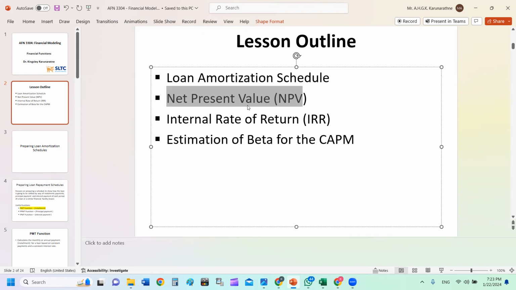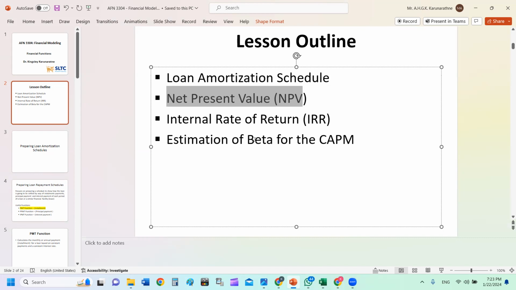These are relating to our financial management, NPV and internal rate of return. Theoretical aspect will be discussed under that subject, right? What is NPV, how it is computed. But here we are going to discuss how to compute NPV and IRR using Excel inbuilt function, right?